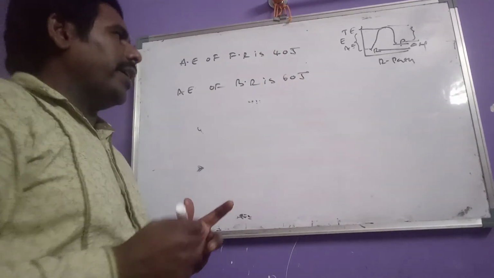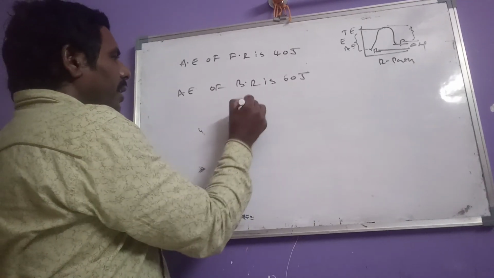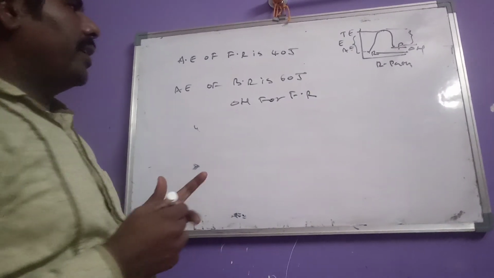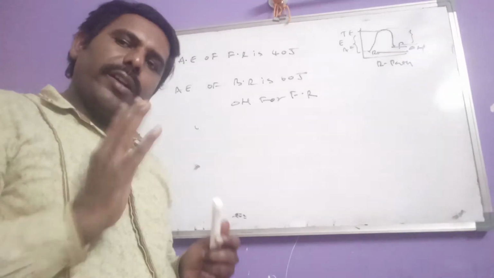Now the question is, what is the delta H value for forward reaction?